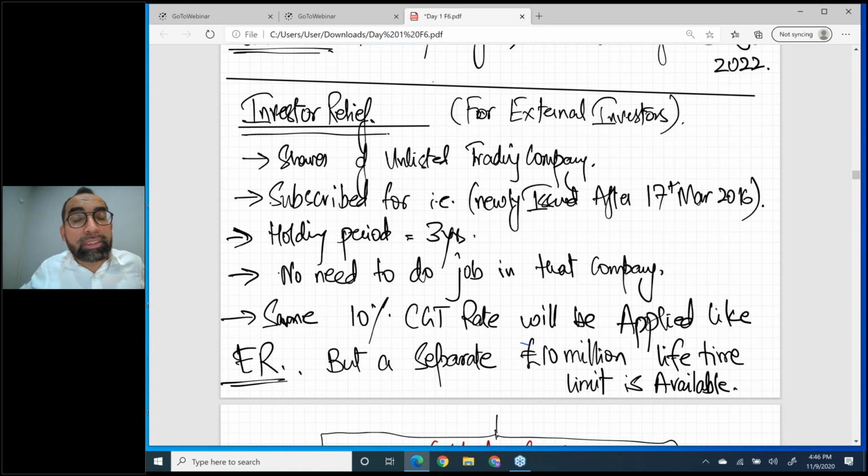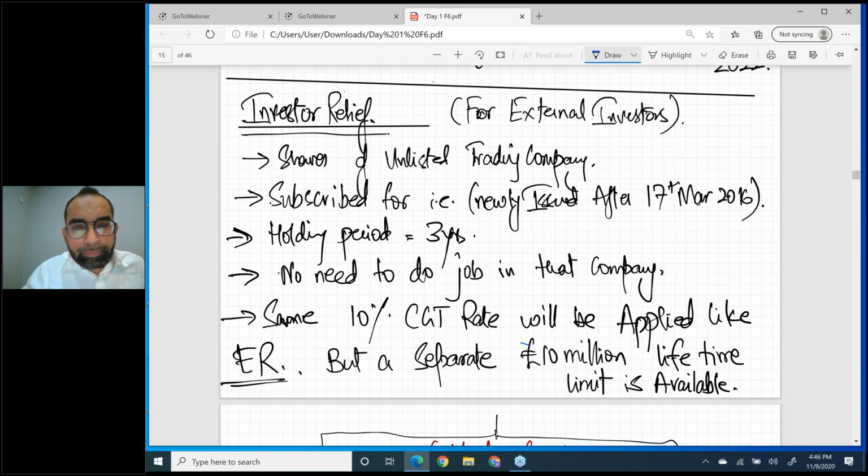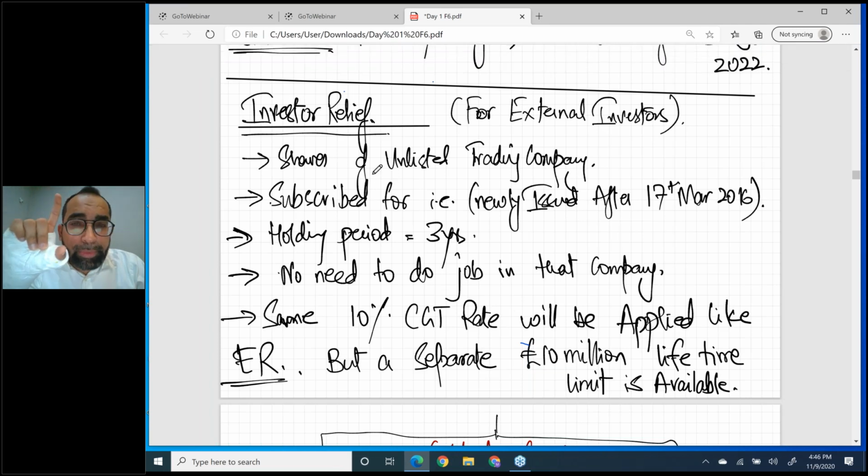Now be very careful, these are important conditions. Number 1, shares from an unlisted trading company. The company must be a trading company. Subscribe for, that means you can't buy these shares from the stock market. You have to buy those shares directly from the company, that means initial subscription, like we say IPO or something.